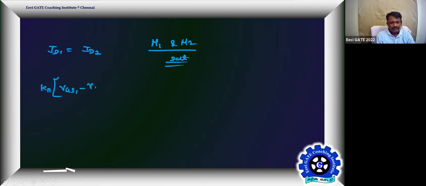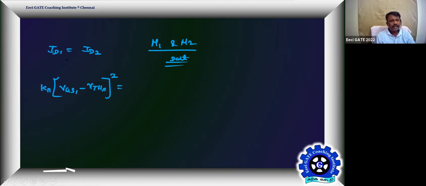When the circuit says ID1 is equal to ID2 and both the MOS transistors M1 and M2 are in saturation, they're going to follow the equation Kn into VGS1 minus V threshold, the whole square.